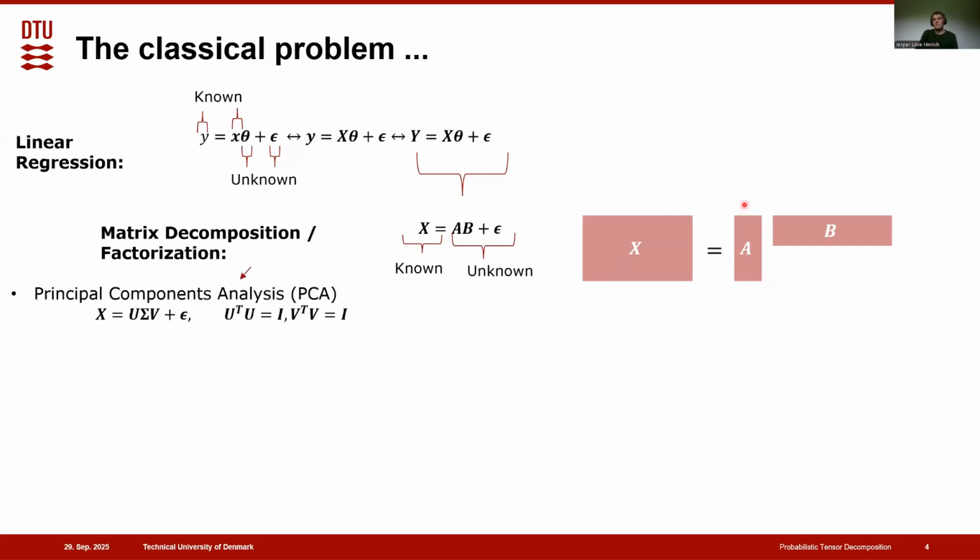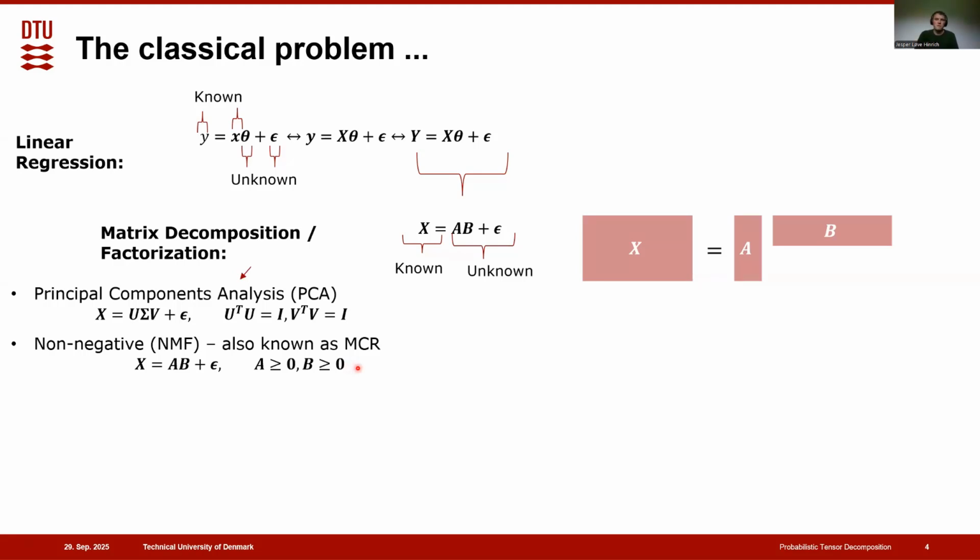I think the most popular one is principal components analysis, where these matrices are orthogonal, and then they have a diagonal scaling matrix. The next most popular, I would say, is non-negative matrix factorization, NMF, or in the chemometrics literature known as multivariate curve resolution, which essentially splits the data into A and B, subject to these matrices only having non-negative signals.